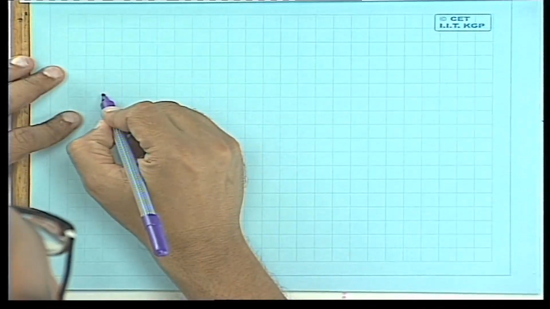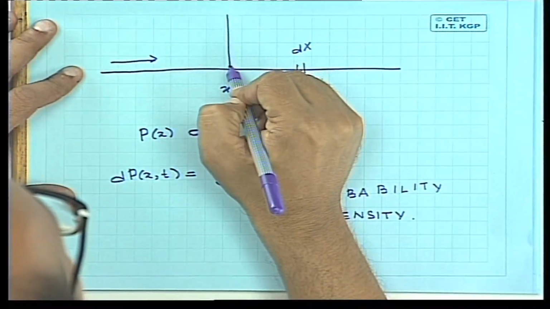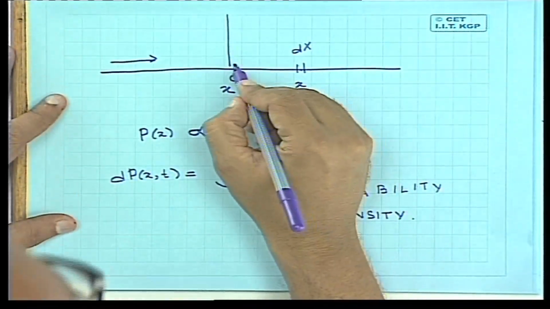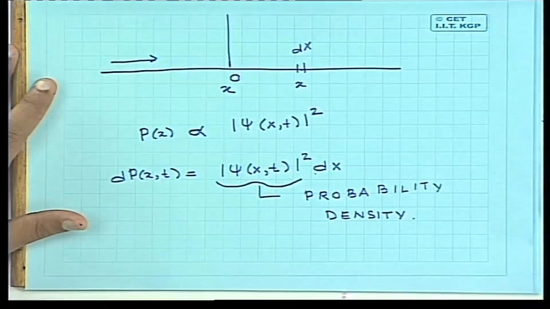What is the Dirac delta function? The Dirac delta function is a function which has a value infinity at x equal to 0. It suddenly shoots up at x equal to 0.